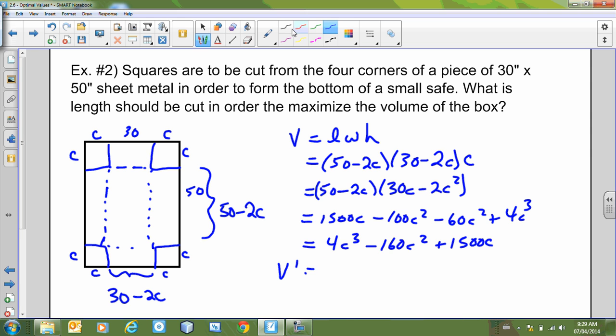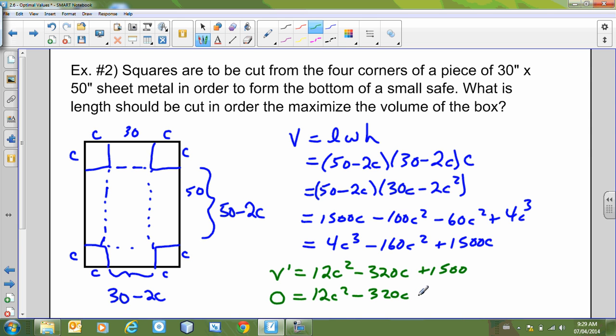Now again, as was the case last time, and as is always the case, as soon as I need to find a maximum or a minimum, I'm talking about dealing with the derivative. And so volume prime, or the derivative of the volume, is going to be the derivative of this. I'm going to have 12C squared minus 320C plus 1500. And the derivative has to be 0 to get my optimal. And so I've got 12C squared minus 320C plus 1500.